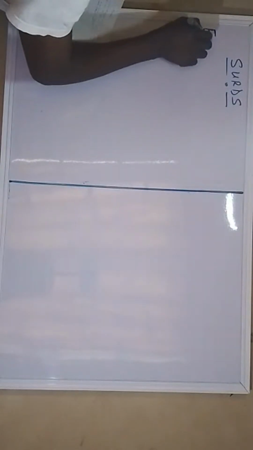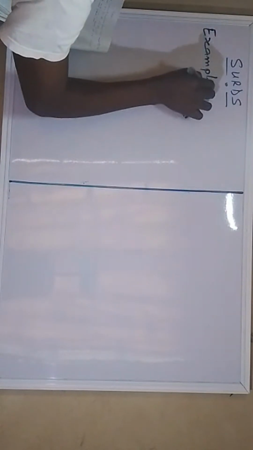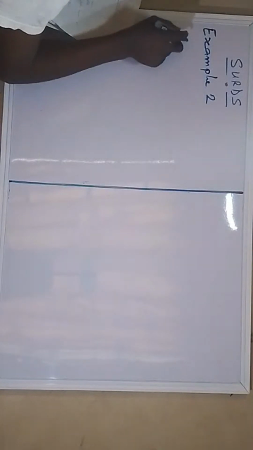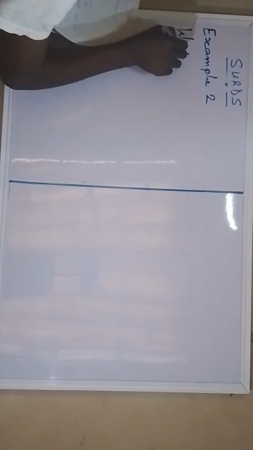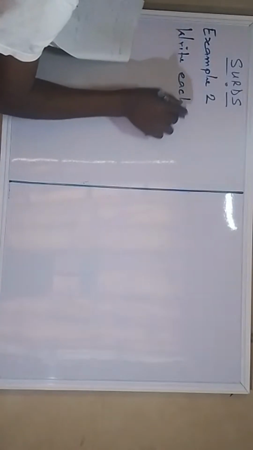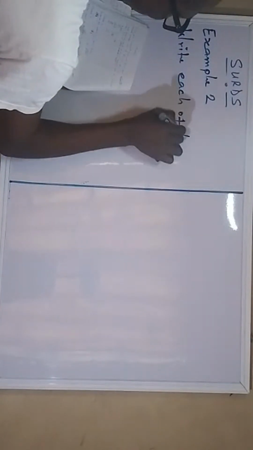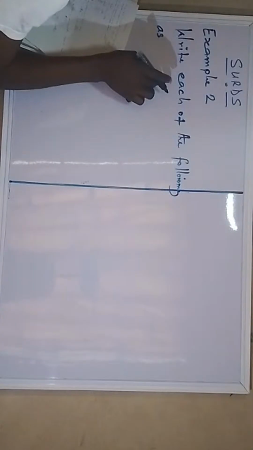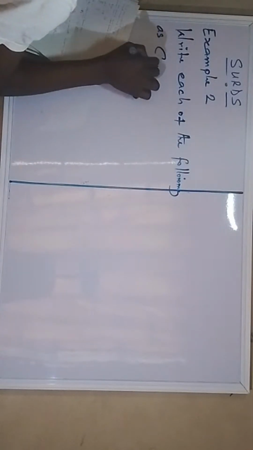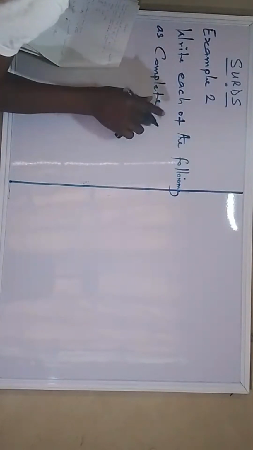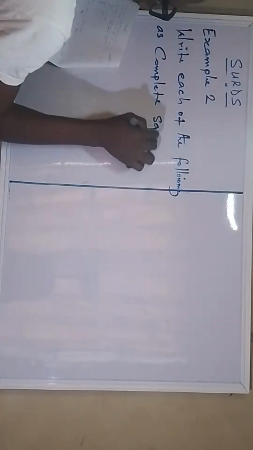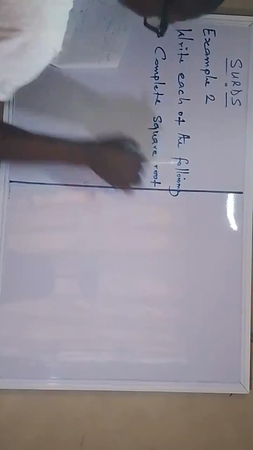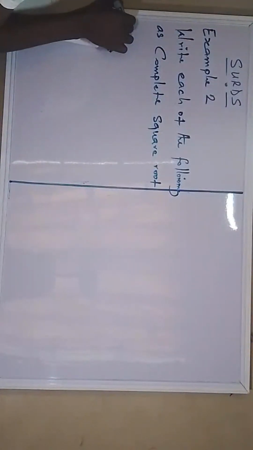Now let's move to the second example, example 2. Write each of the following as complete square roots.